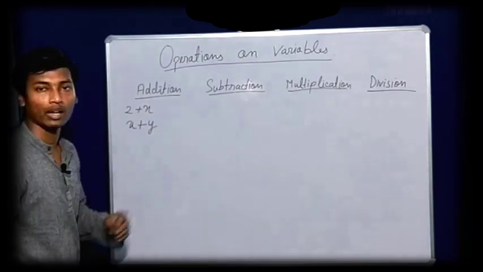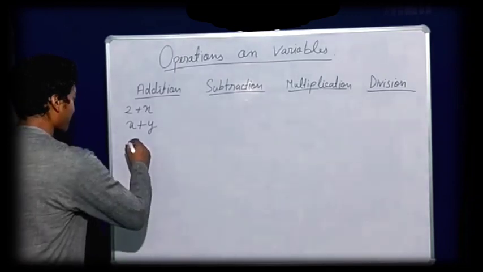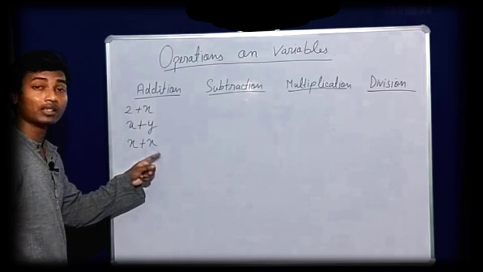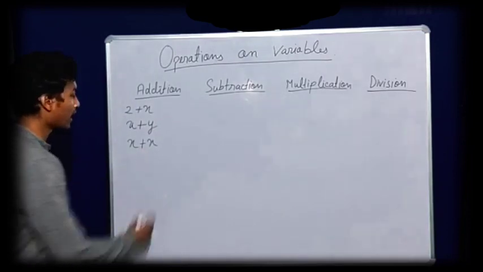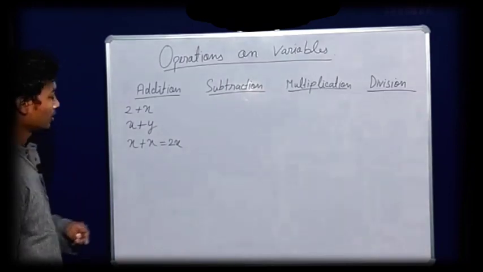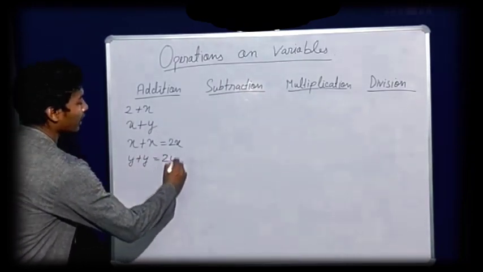Here x can have a value, y can have a separate value. Then x plus x. Here the variables are the same, so we can add them together. It will become 2x. Now if there was y plus y, it would become 2y.